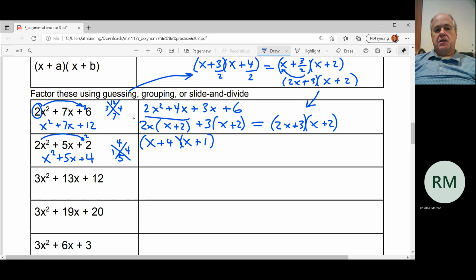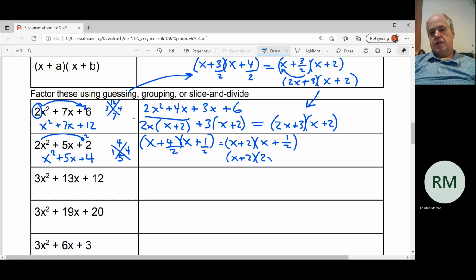Now, since I had slid over the 2, now I have to do the divide by 2. And this becomes x plus 2 times x plus 1/2, and I can multiply by the 2. That becomes x plus 2 times 2x plus 1.